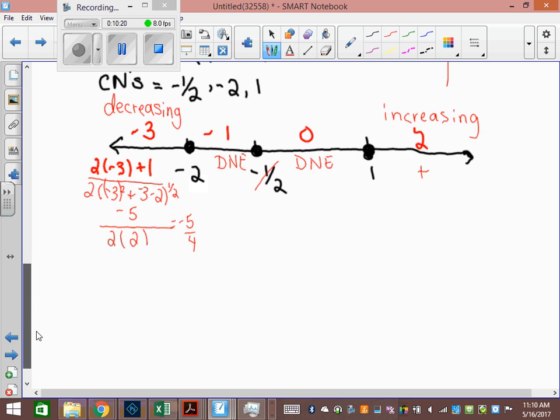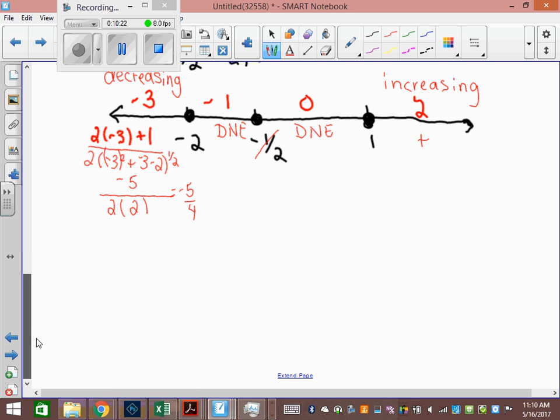Keep that in mind. Okay, so page 317, numbers 21, 25, 27, and 31.